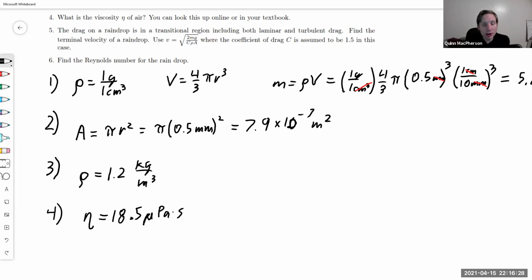If you see somewhere that tells you the viscosity is some other number in different units, that's a different type of viscosity called the kinematic viscosity. Ignore that.